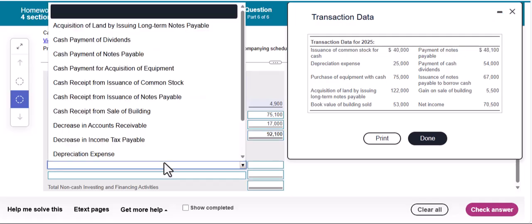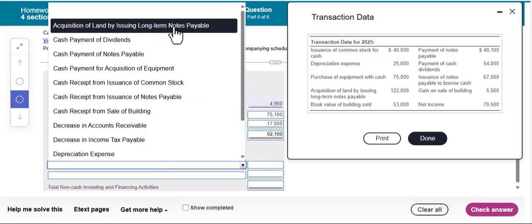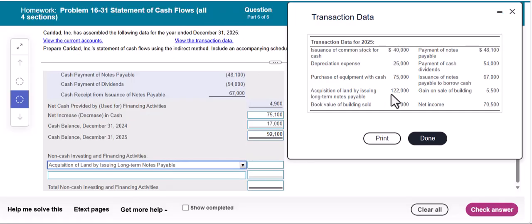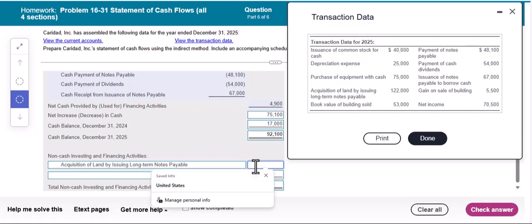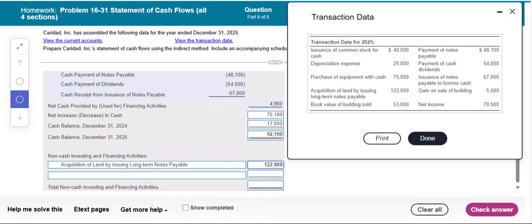So we can hit acquisition of land by issuing long-term notes payable, and then we're going to copy and paste that number over. And we leave that positive, and then let's also put that number here as well, since that's the only item going in the non-cash investing and financing activities. Let's go ahead and check our answer. Well done.